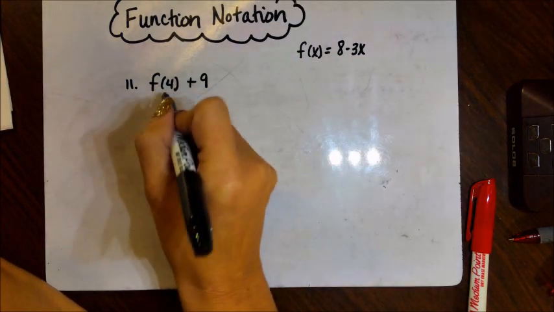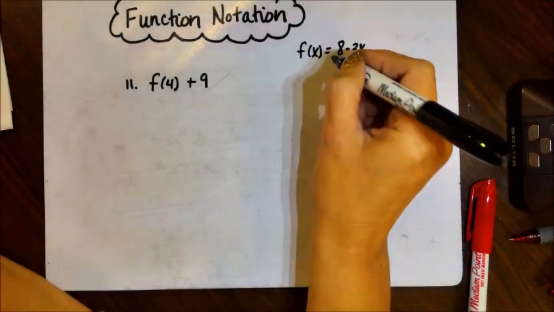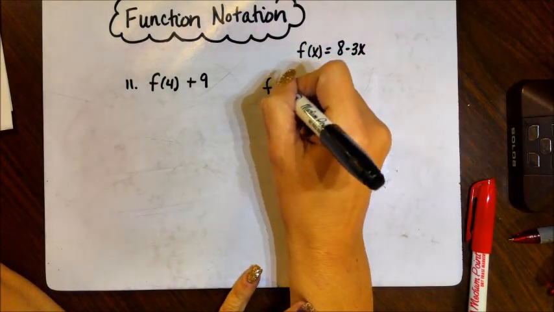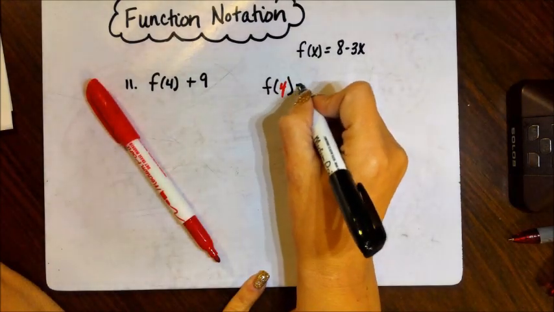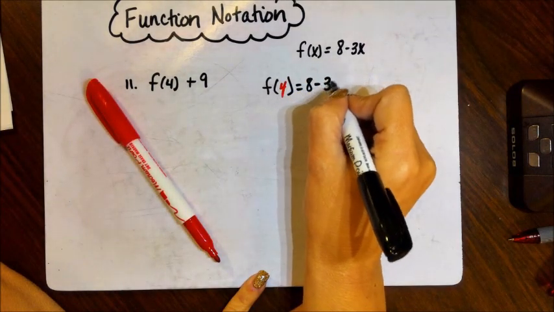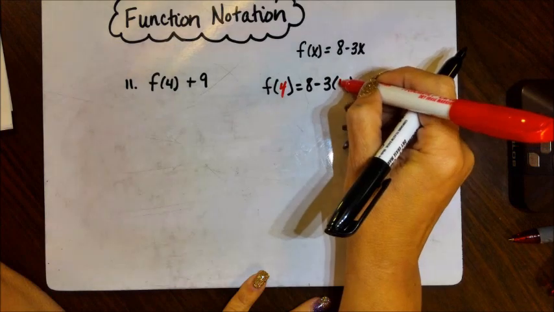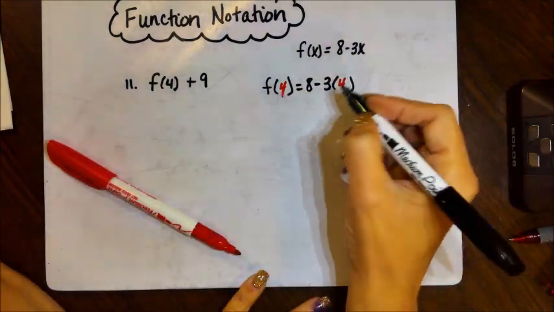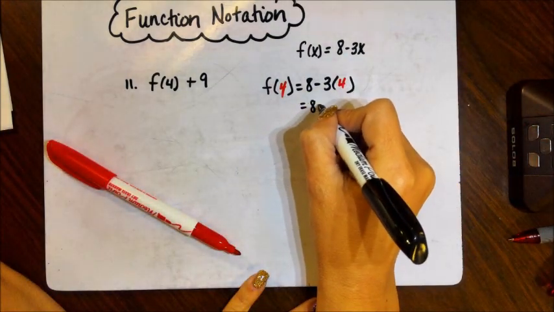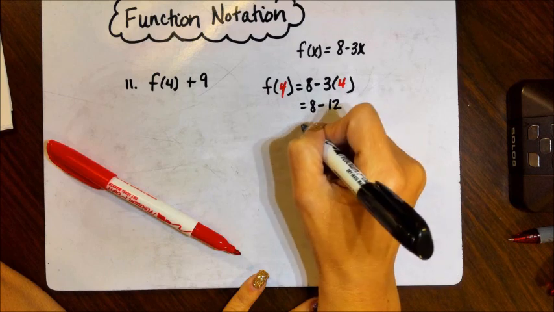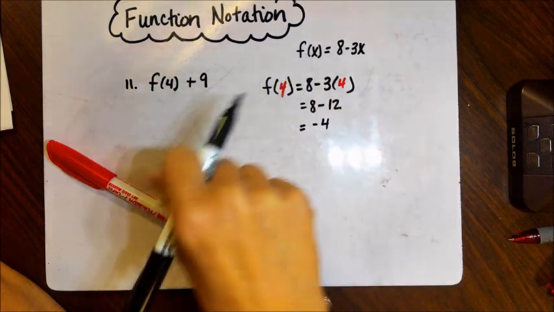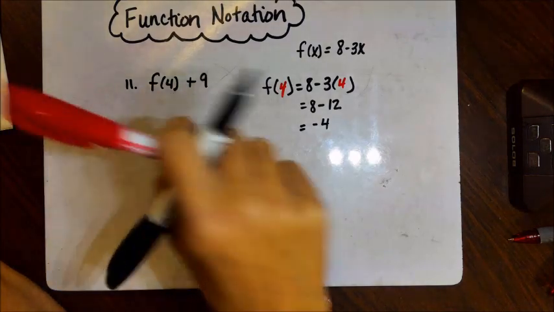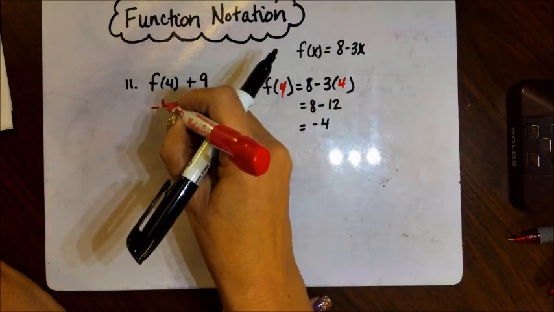Well, before I can do this, I need to know what f of 4 is. So I'm going to come over here and I'm going to say f of 4 equals 8 minus 3, and where that x is, I'm going to put my 4. So f of 4 is 8 minus 12, which is negative 4. Okay, so that means f of 4 is actually negative 4.